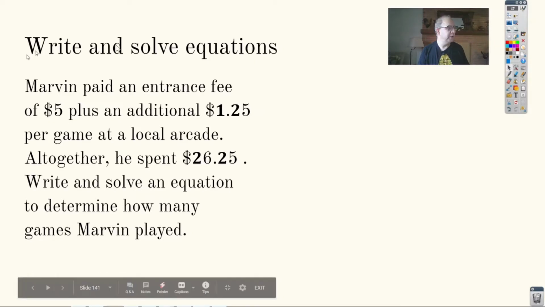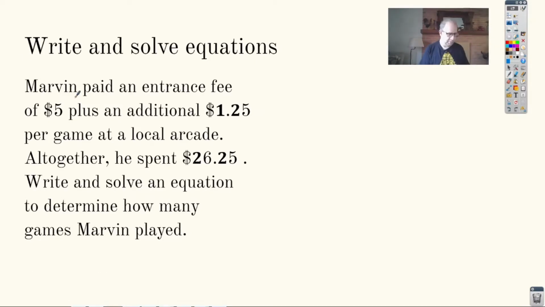So we've got to make sure we answer the question. But let's take a look here. What did Marvin do? He paid an entrance fee of $5. So he started with $5 plus an additional $1.25 per game. So that's our series.